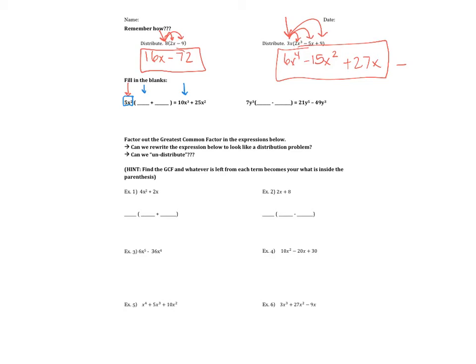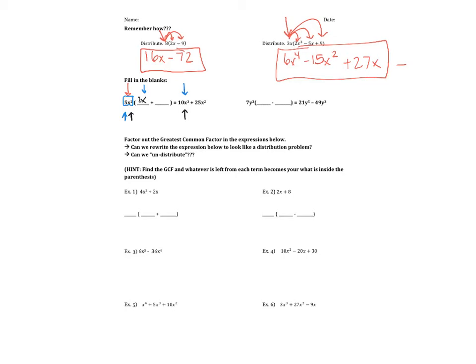So we know in order to get 10, we need to multiply 5 by 2. So we can already put a 2 there. Now they have an x cubed here. We have an x squared on this side. We know that in order to get x cubed, we need to multiply x squared times x. So I am just going to put an x here. So that's how we're going to do that side.